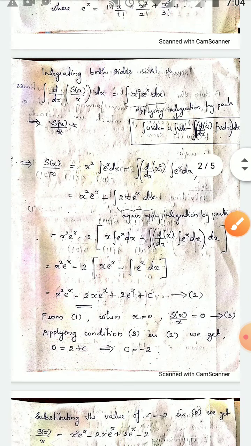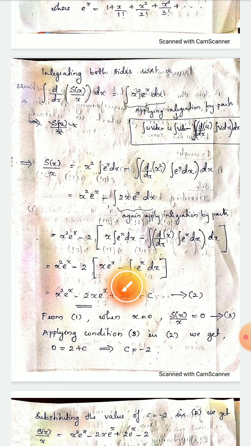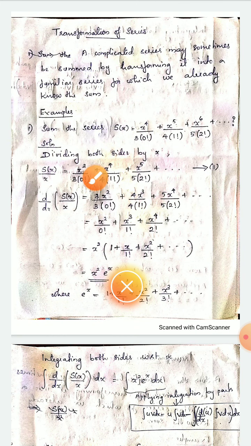Okay. Now, from 1, when x equal to 0, s of x by x is equal to 0. Look at equation number 1. So, when x is equal to 0, that means in the left hand side put x is equal to 0. So, when x is equal to 0, in the left hand side this expression becomes 0.